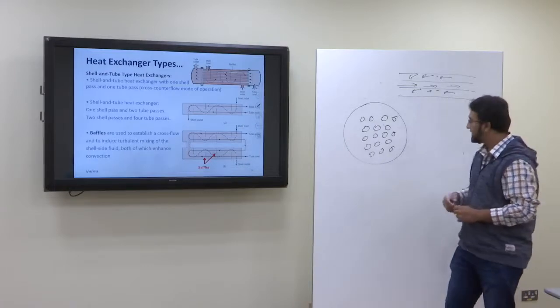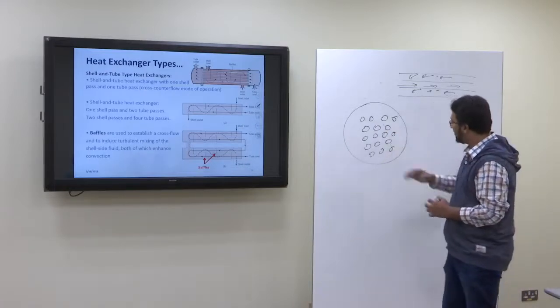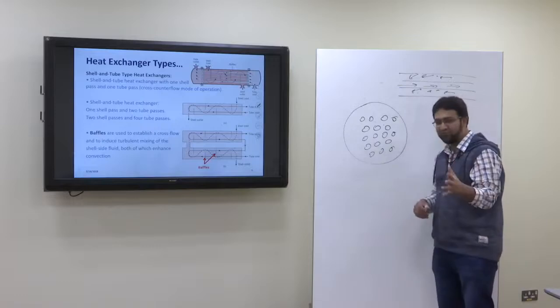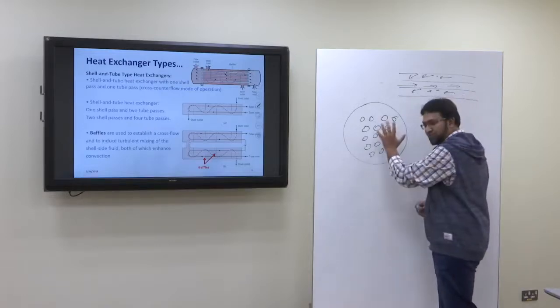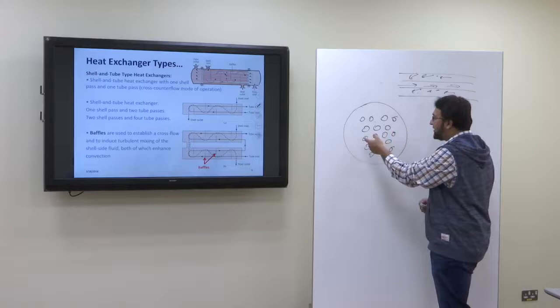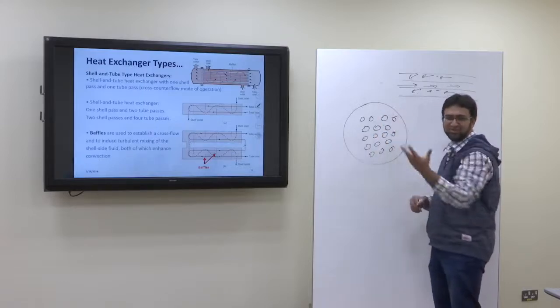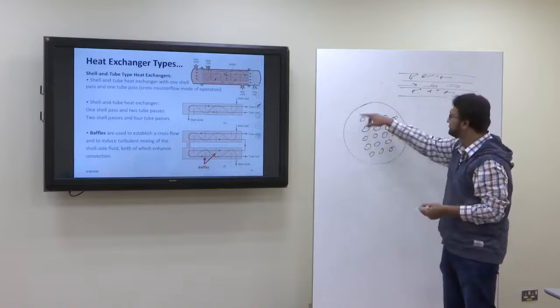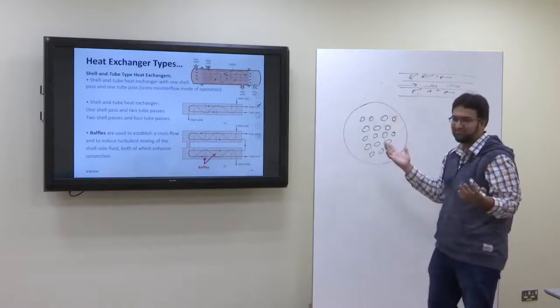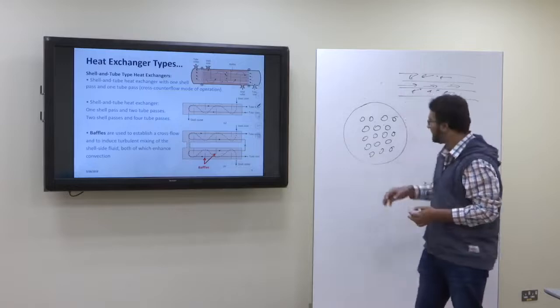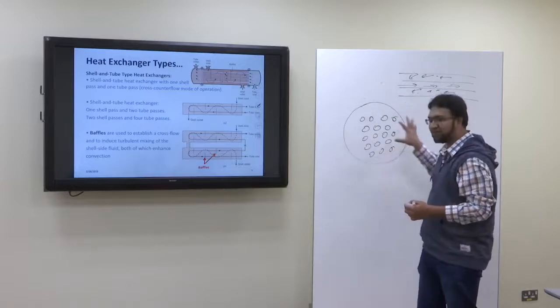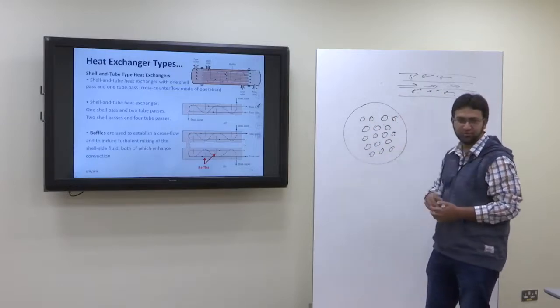Okay? And if you see here, you will have one fluid going through the tubes, and you will have another fluid. Now we don't call it the annulus region. This is not the annulus region. This is just the shell side. One fluid will be on the shell side, the other fluid will be in the tubes.